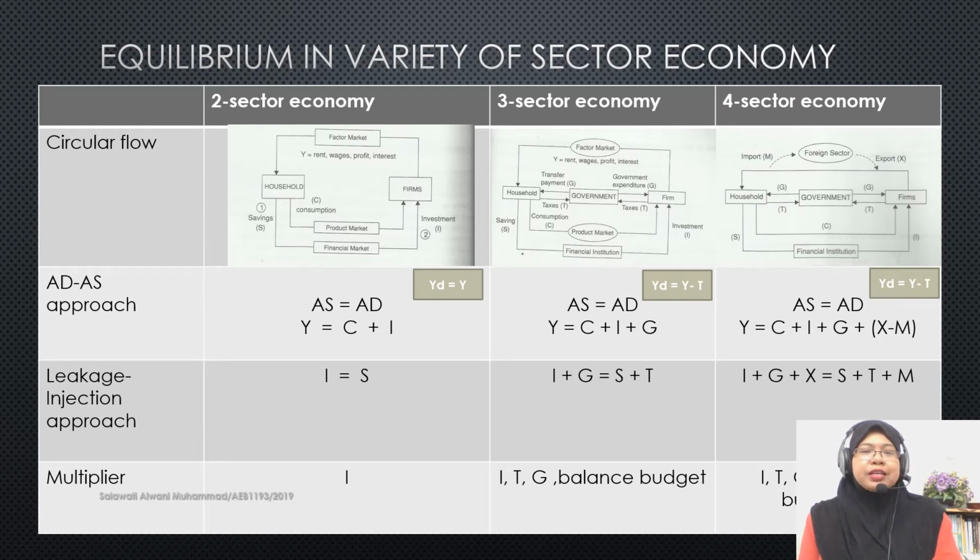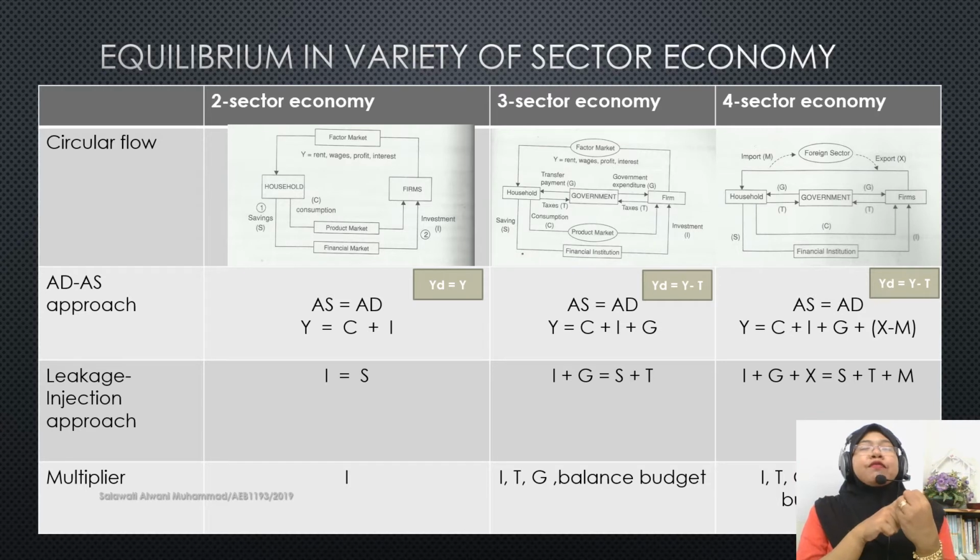So, for national income equilibrium, we have 3 types of sector economy. 2 sector economy, we have households and firms. The second type, we have 3 sector economy. So in 3 sector economy, we have households, firms, and government.